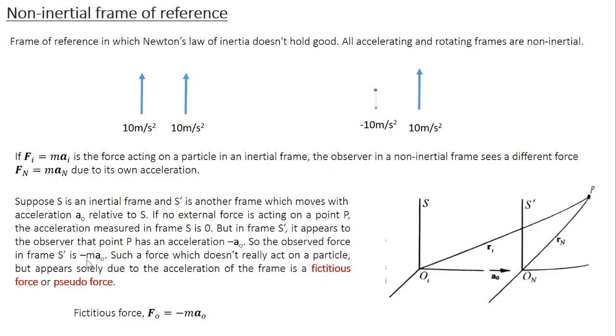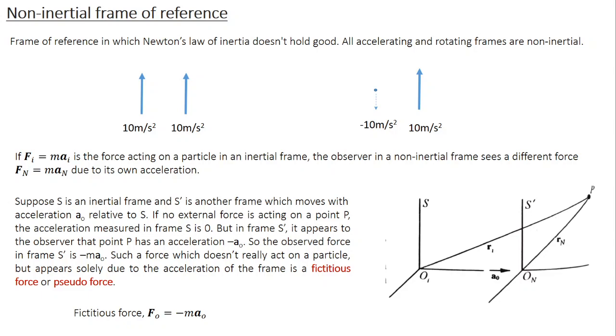So once again, minus MA0 is not a true force. Actually, this force doesn't exist. It appears only because of the acceleration of the frame in which you are making the measurement. Now, such a force which doesn't really act on a particle but appears solely due to the acceleration of the frame is known as fictitious force or pseudo force. So you can define fictitious force F0 as minus MA0, where A0 is the acceleration of the frame.